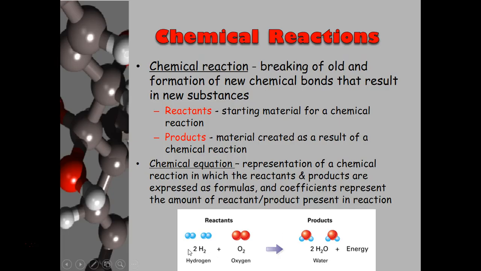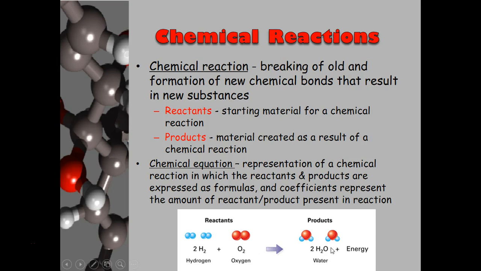If I have more than one molecule of a particular compound, so the hydrogen is a molecule in this case, I've got two of them, I've only got one of oxygen. If there's no number out front, it's understood to be a 1, and I end up creating 2 molecules of water out of that.